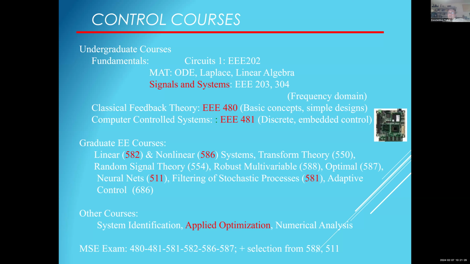Applied optimization and numerical analysis is always highly recommended, at least from my perspective, very useful courses. And system identification is a related course. We do some in adaptive control in the latest version. So that's the general outlook of the controls program.